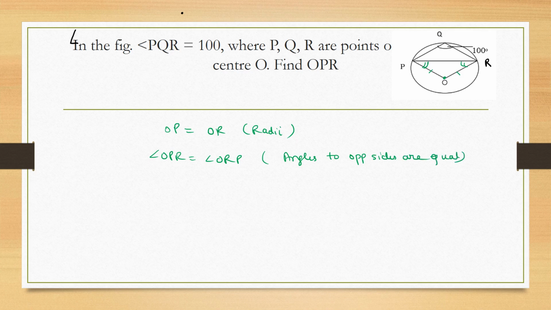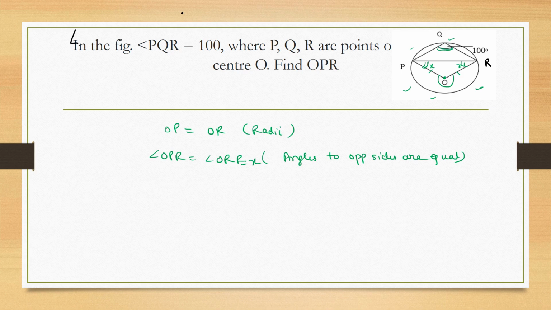Now, let me assume this as x. These two angles are x. Do you know the property that if an angle is formed at the circumference of a circle by any arc, it is half of the corresponding angle at the center?